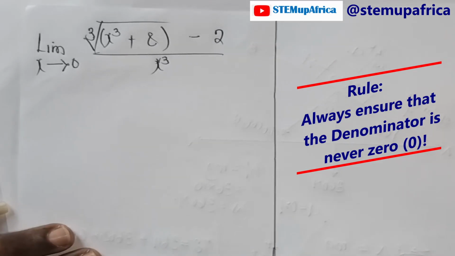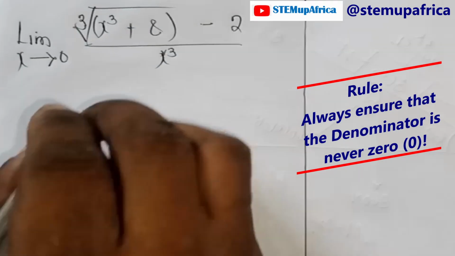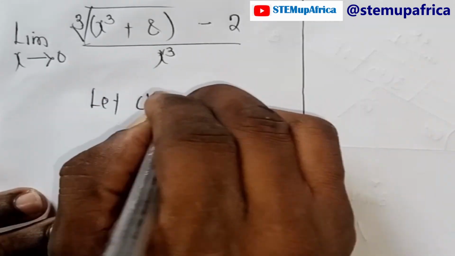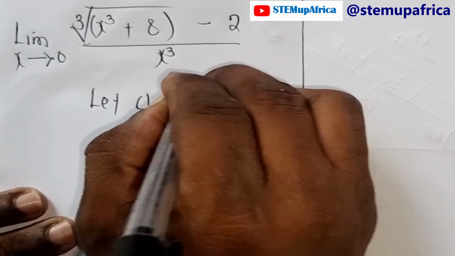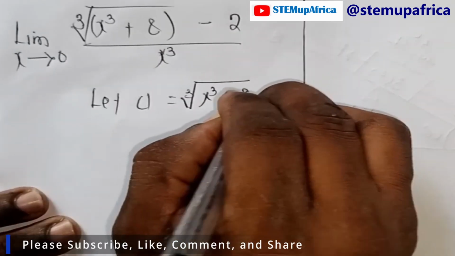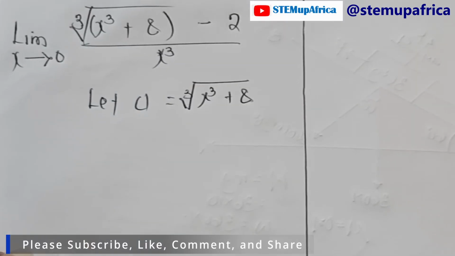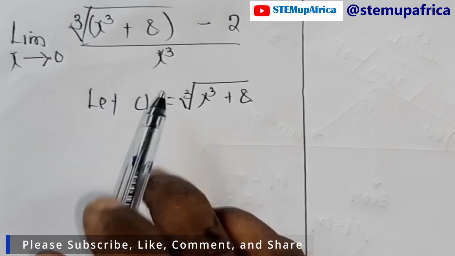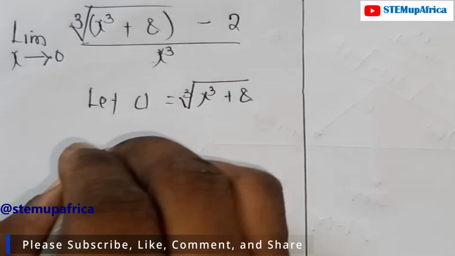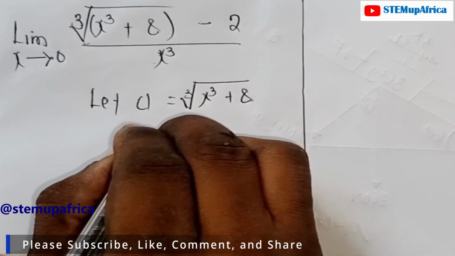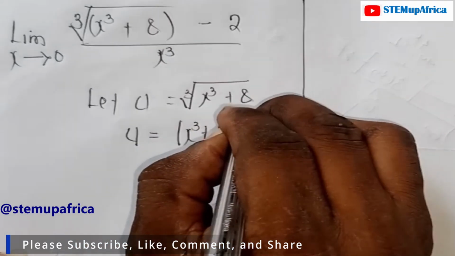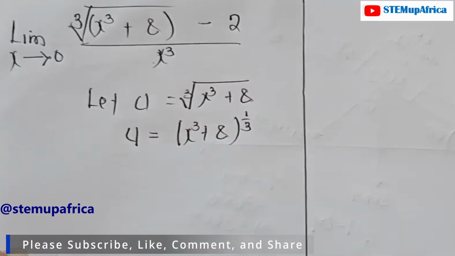To do so, let u be the cube root of s cubed plus 8. Let's try to make s cubed the subject of the formula, so I can just be left with u as a whole. So my u can also be written as s cubed plus 8 raised to power 1 over 3.